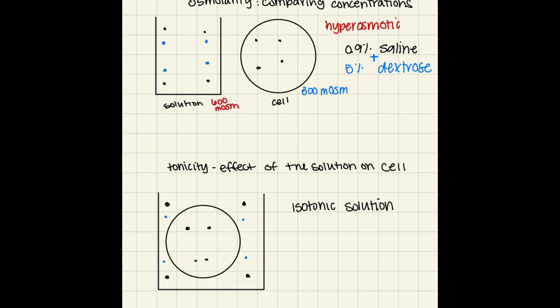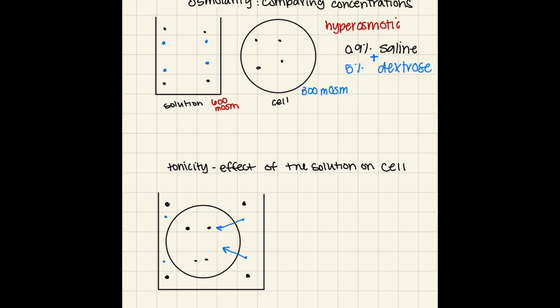So what's going to happen when you put the cell in it is the dextrose is going to move into the cell, 2 molecules at first, because it wants to diffuse. It only thinks about itself. It wants to diffuse and make its concentration equal to itself on the outside.